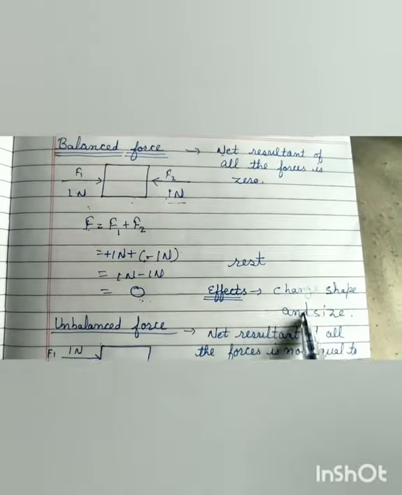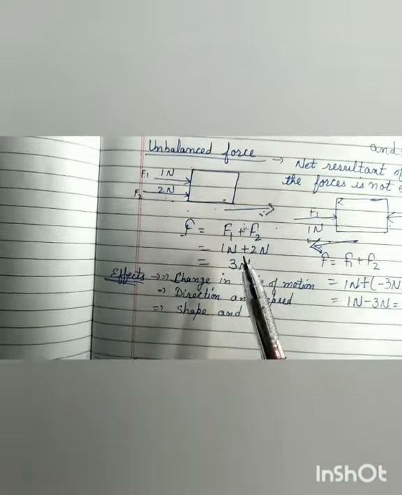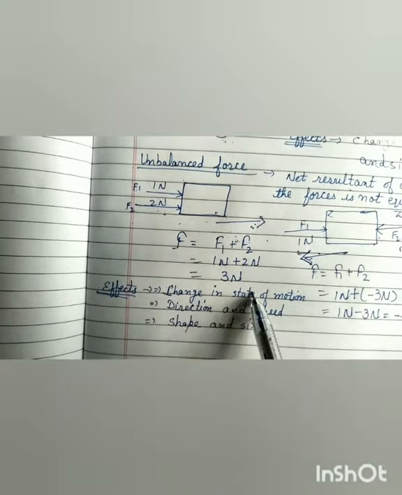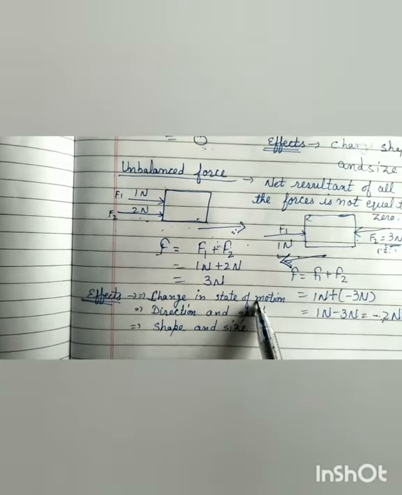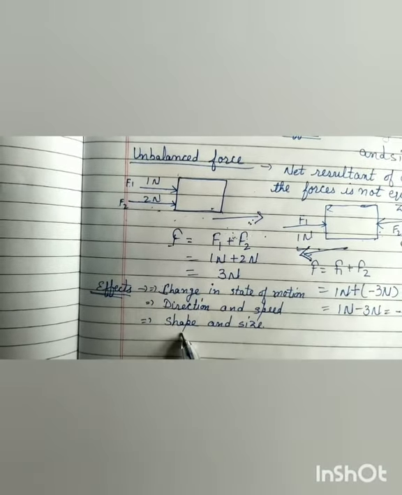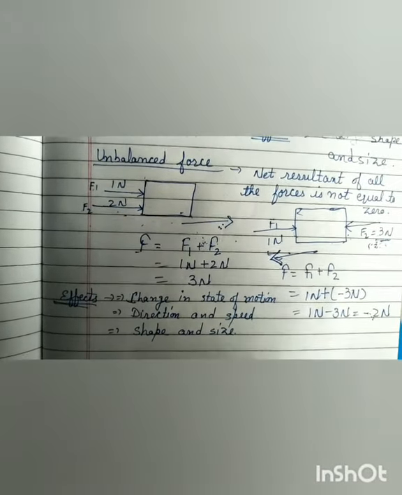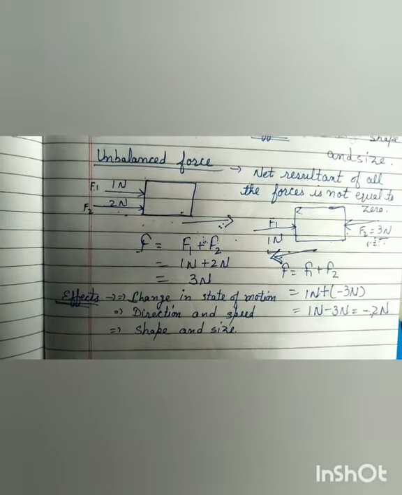Now the various effects: in balanced force, there is only a change in shape and size of an object, whereas in unbalanced force there may be a change in the state of motion, that is the object may come from rest to motion, motion to rest. It can also change the direction of motion and speed of an object, and it can also change the shape and size of the object. I hope the different concepts are clear to you.